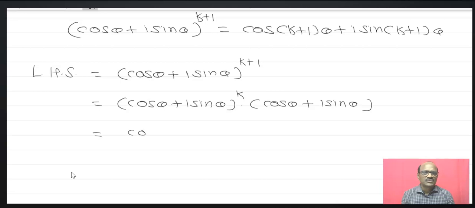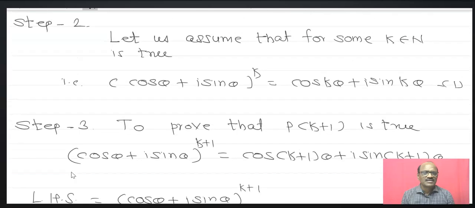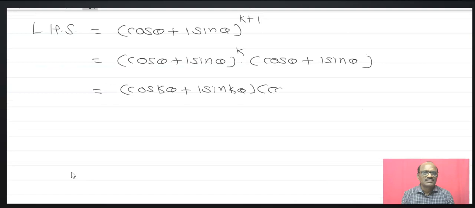that is equal to cos of k theta plus i sin of k theta, and cos theta plus i sin theta. This is from 1.